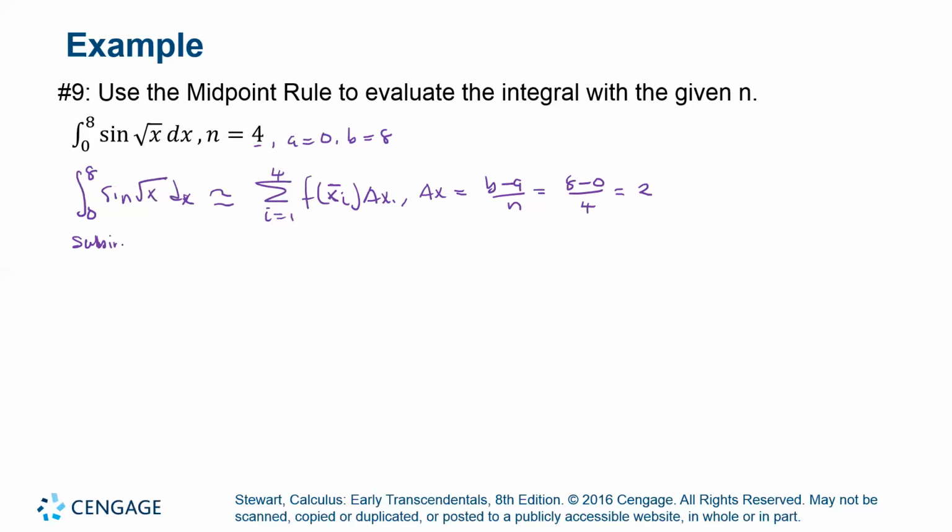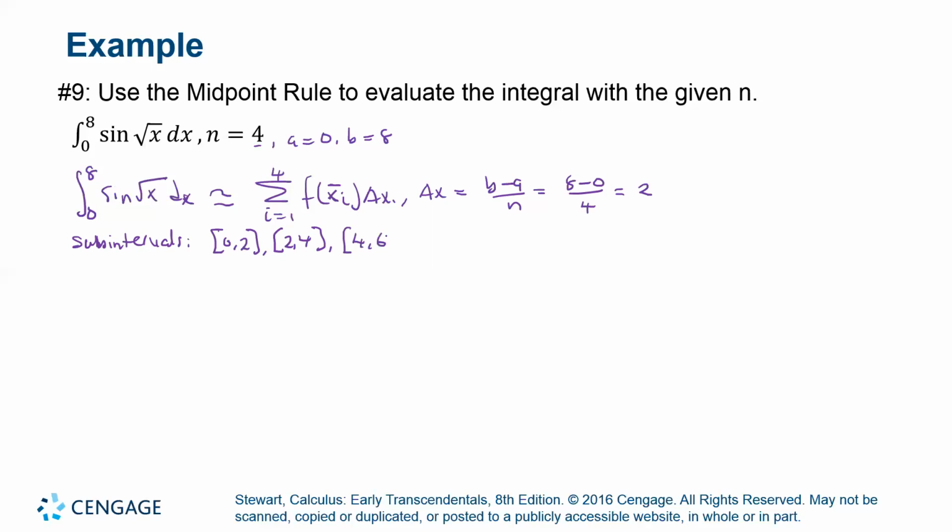The sub-intervals are from 0 to 8. This is where we have 0 and 2, then 2 to 4, because each width is 2.